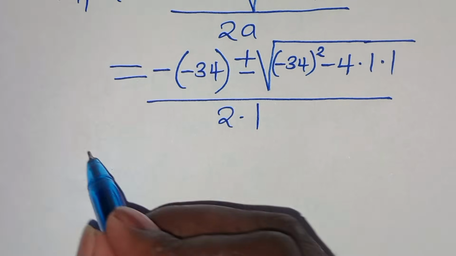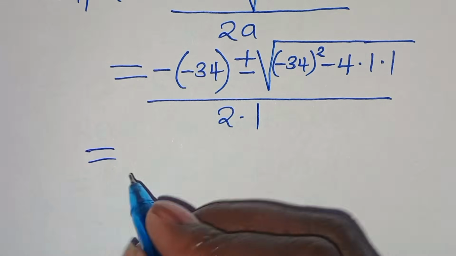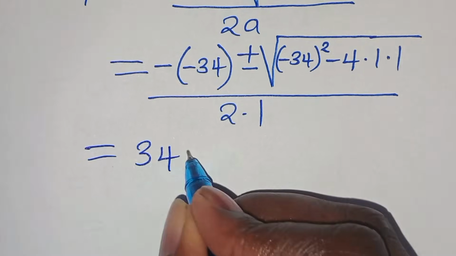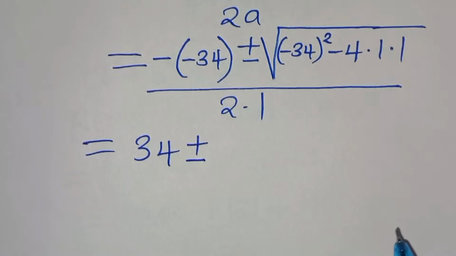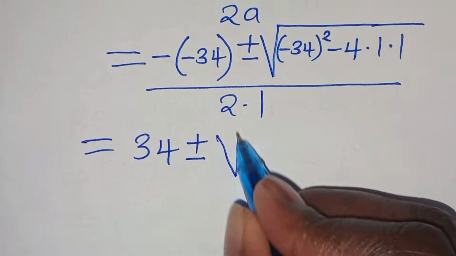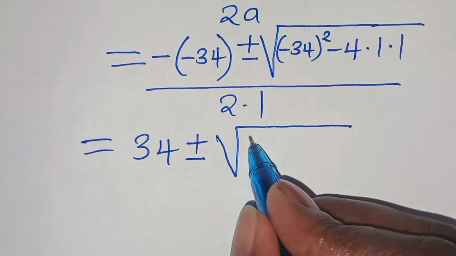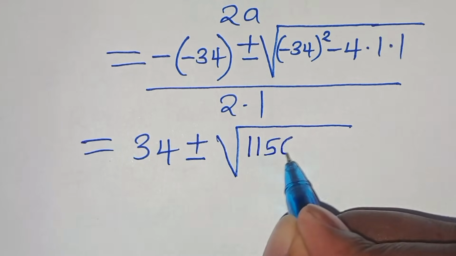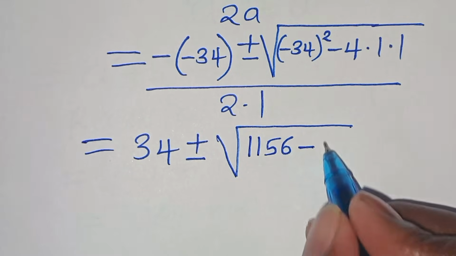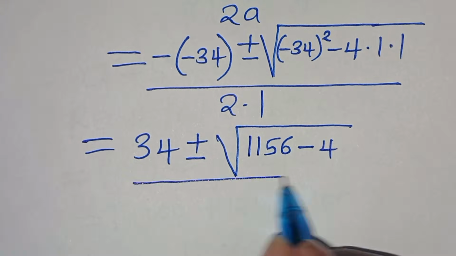So this is equal to minus times minus 34, this is 34 plus or minus the square root of minus 34 squared, which is actually equal to 1156, subtract 4, divided by 2.